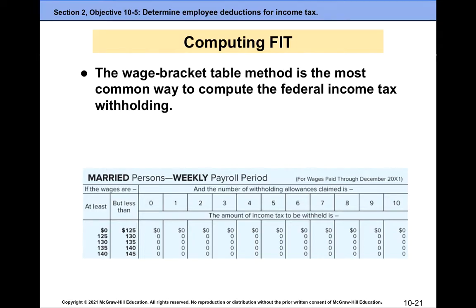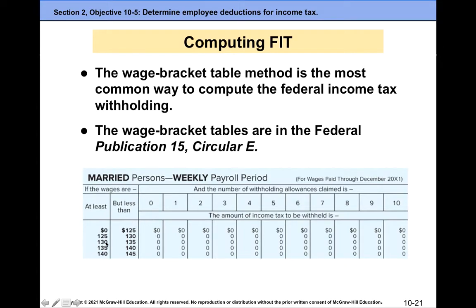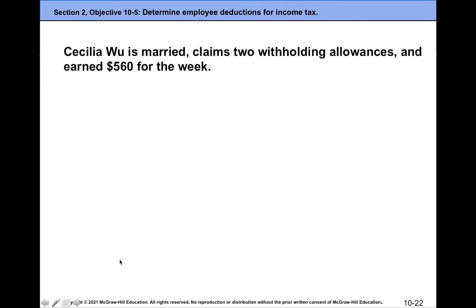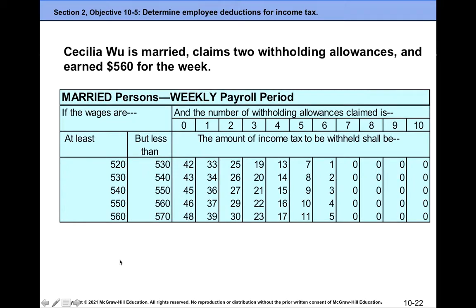So this is an example from your textbook. This is a table. Let's say, for example, we make 500. Cecilia Wu is married. So we're looking at the married person's table. And she has 2 allowances, and she earned $560.